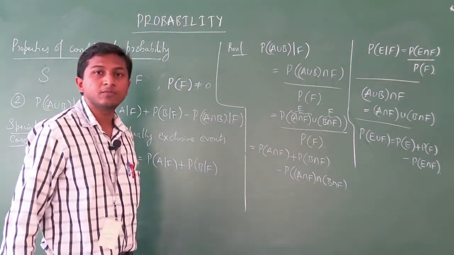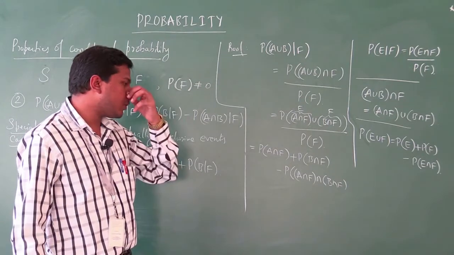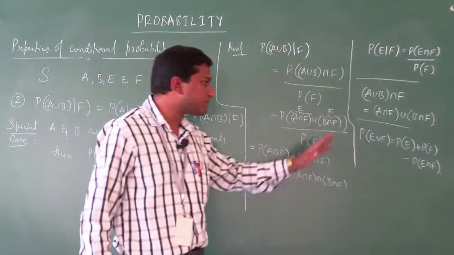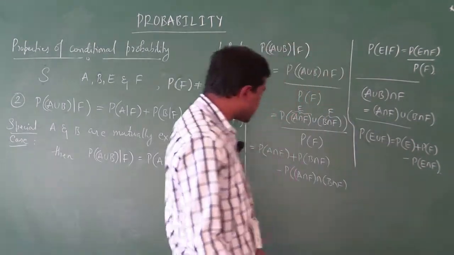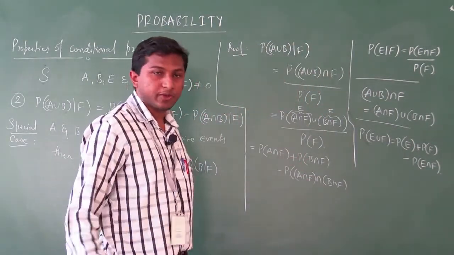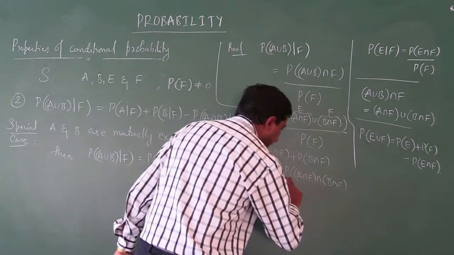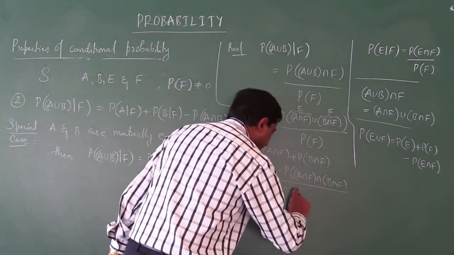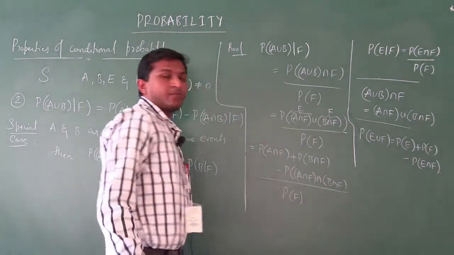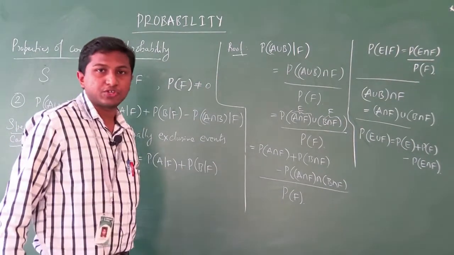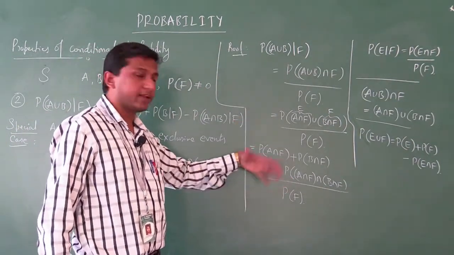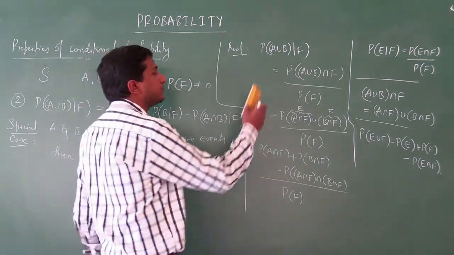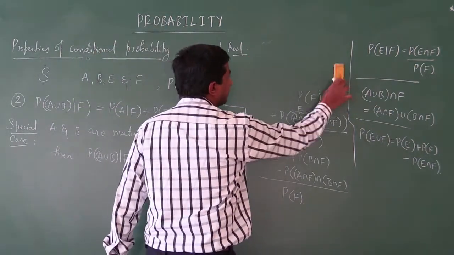So we use the first PUC result, P of E union F equals P of E plus P of F minus P of E intersection F, to write the numerator, whole divided by P of F as it is. I hope there is no confusion here. If there is confusion, just pause the video, look it up, and then continue watching the video. Okay, we'll move on further.